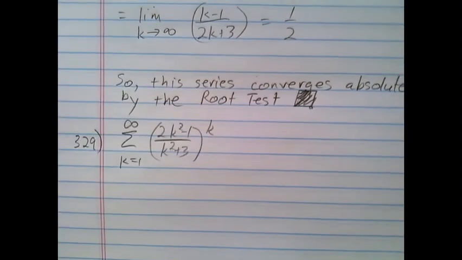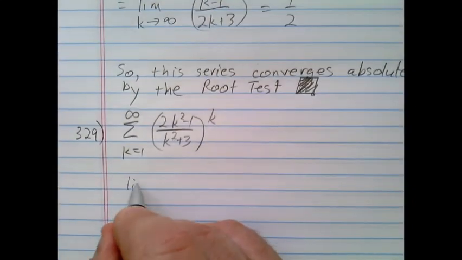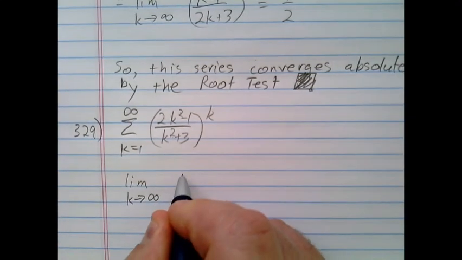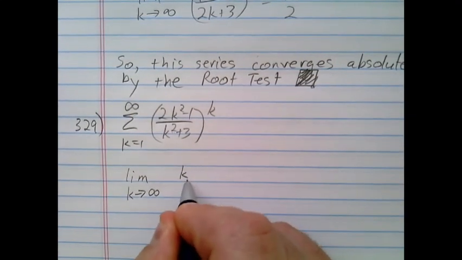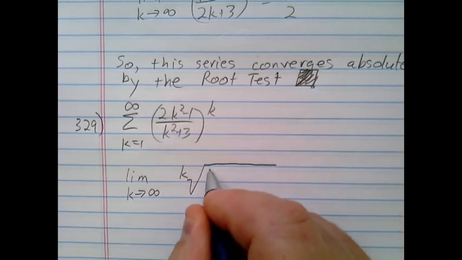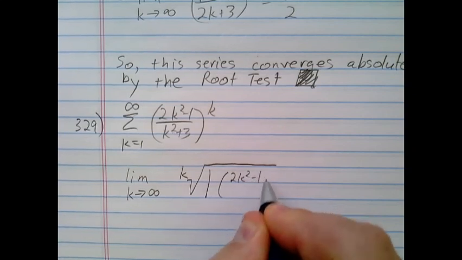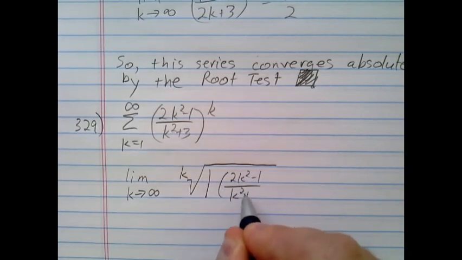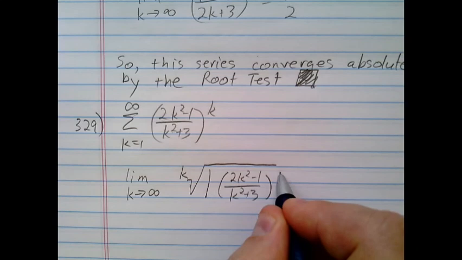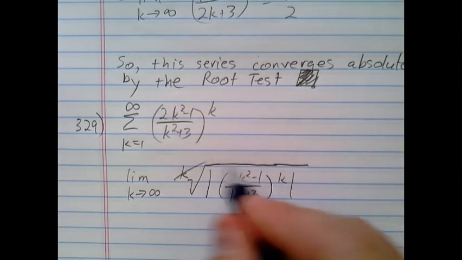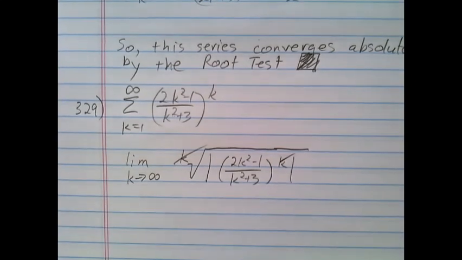In fact, when I apply my root test, I'll take the limit as k goes to infinity of the kth root of the absolute value of (2k squared minus 1) over (k squared plus 3), to the k. Again, I can just cancel my root against my power. The absolute values aren't really doing anything since nothing's negative.